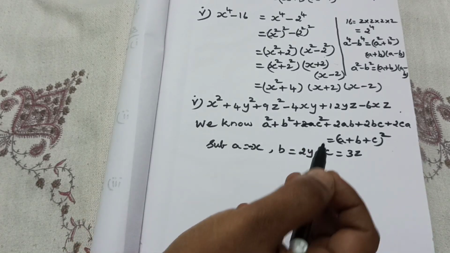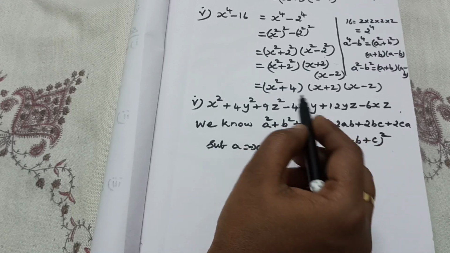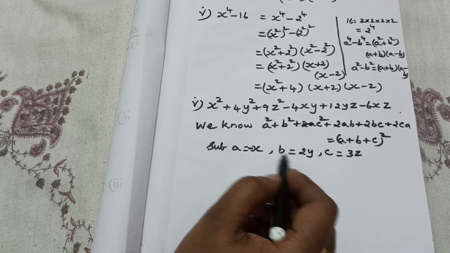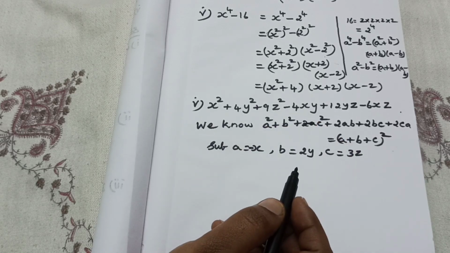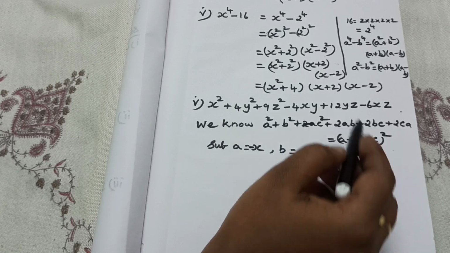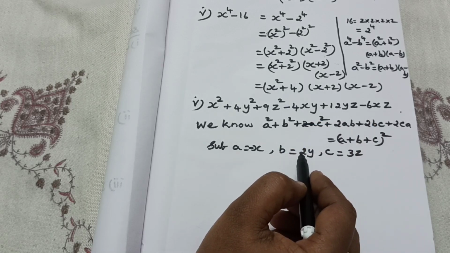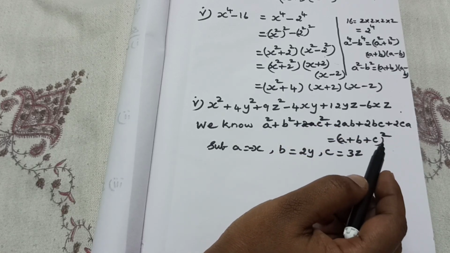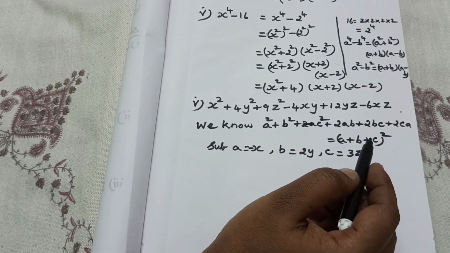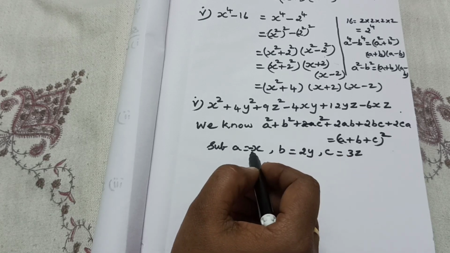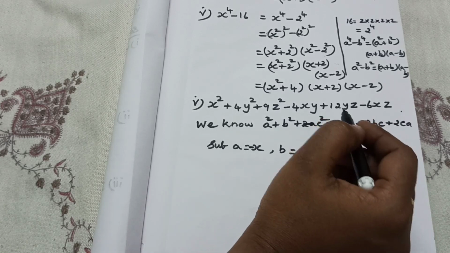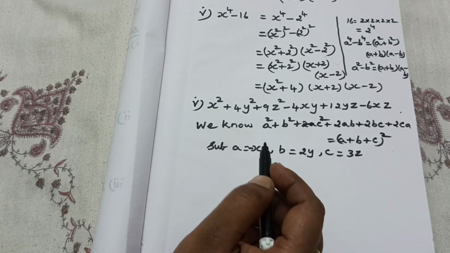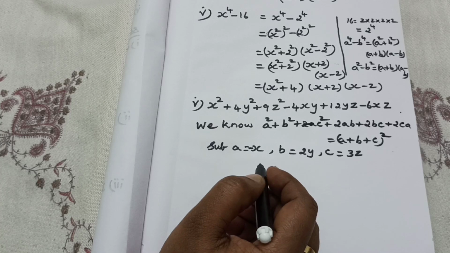Then only we will get 2ab, that means 2 into x into 2y, minus x into 2y, that means minus we will get, okay. This 2 multiply, then we will get 2 into 2y into 3z, 12yz we will get, okay. So the x term you have to take minus. Otherwise these 2 terms you should take minus and this one positive. That method also we can use, okay.